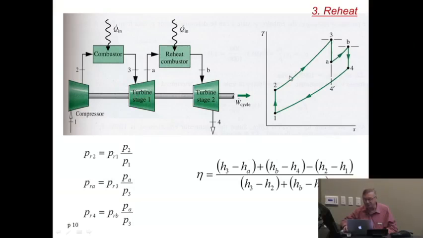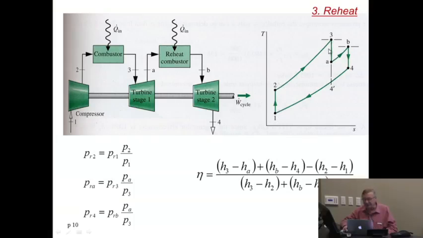Well, then what you do, so you go from 1 to 2, 2 to 3, and this is limited. So you go in two stages with your turbine. You have a first stage where you go from 3 to A, and you don't go all the way back to P1. You go to an intermediate pressure, PA, after which you send your air back into a second combustor, a reheat combustor, so you have more Q in here, and you go from A to B. And then you come back down at 4, and the rest of the cycle is the same as before.